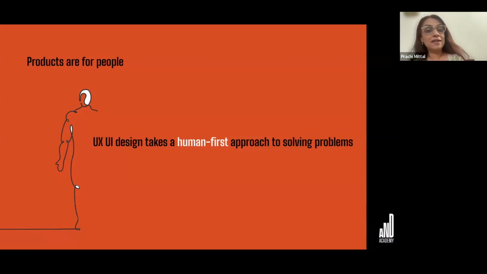So don't just make things whatever technology is leading you to make. Don't just solve a problem, make it easy for the way a human will understand it, right? And we're going to understand this using an example, and I think that's what the next slide is.